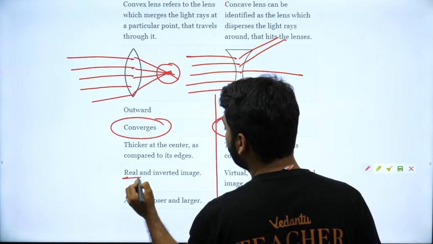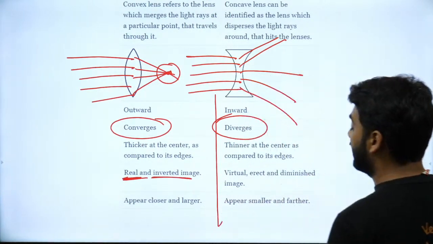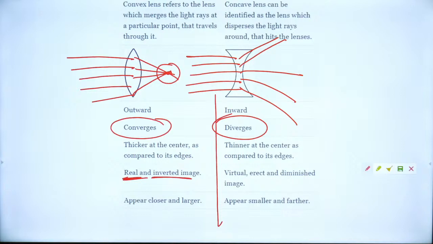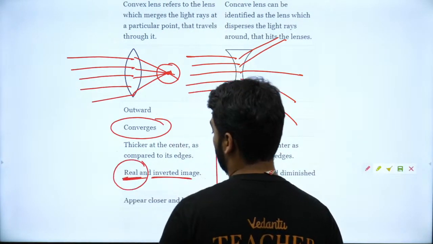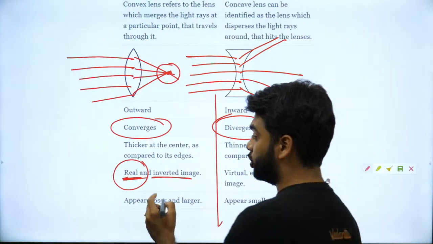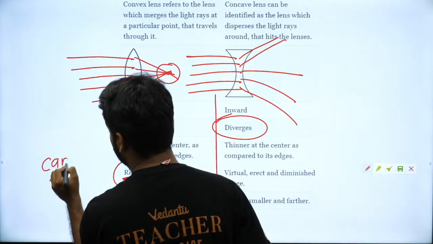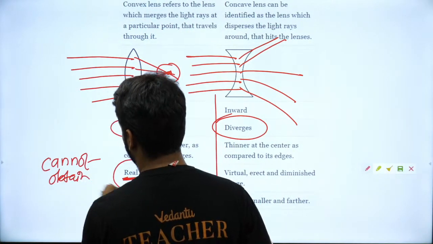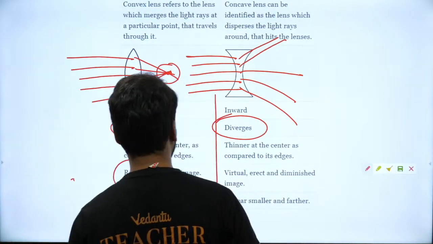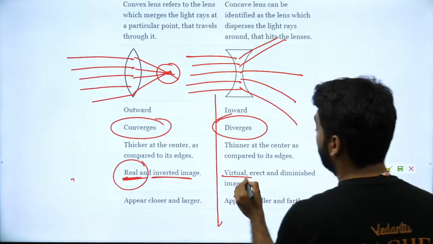Convex lens will always form a real and inverted image. What do you mean by a real image? Which you can obtain on screen. And virtual image, erect image.